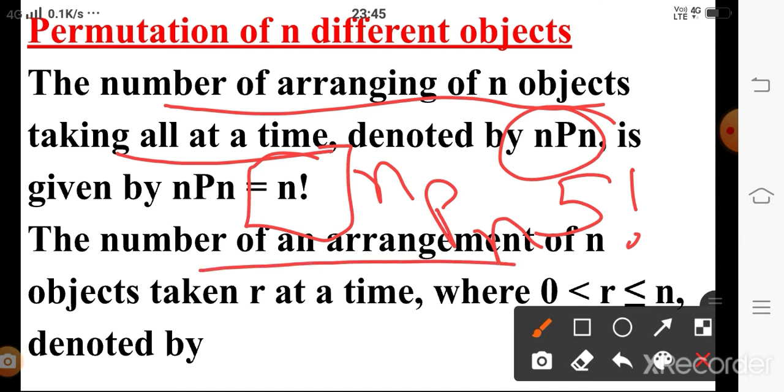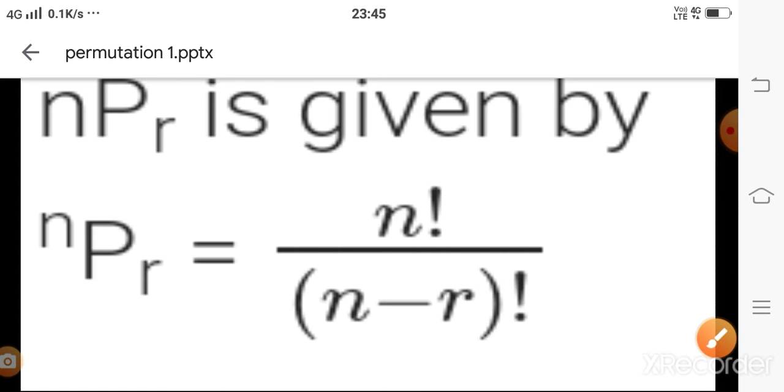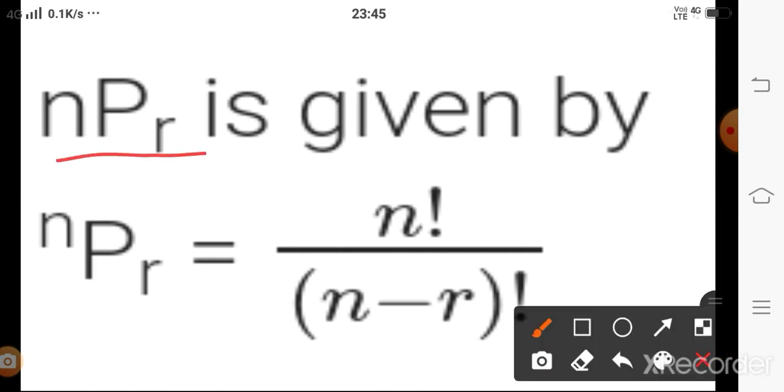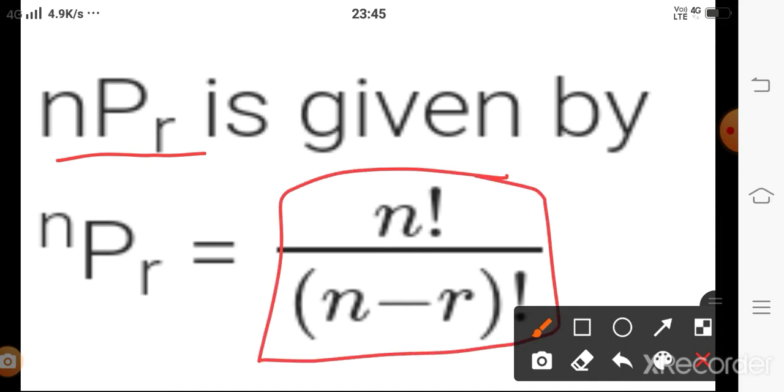The number of arrangements of n objects taken r at a time, where r is less than n, is denoted by nPr, and it is given by n factorial upon n minus r factorial. All these things are very important when we are solving questions. nPr is equal to n factorial upon n minus r factorial.